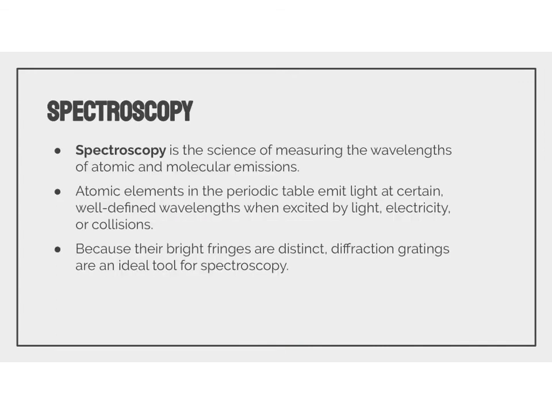Utilizing this is the concept of spectroscopy, a huge chemistry concept, which is the science of measuring the wavelengths of atomic and molecular emissions. This is how astronomers and chemists can use emissions from things and determine what they are. And what do I mean by things?